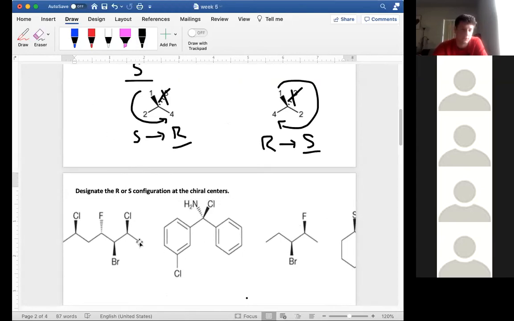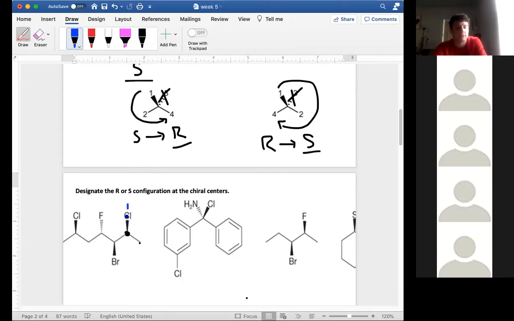All right, so here, this isn't a chiral center, but this one is, right? So coming directly from that carbon, which one would be your number 1 priority? The Cl? Yep.